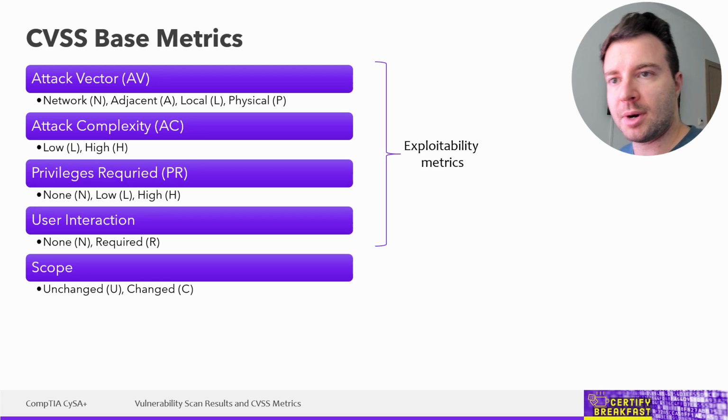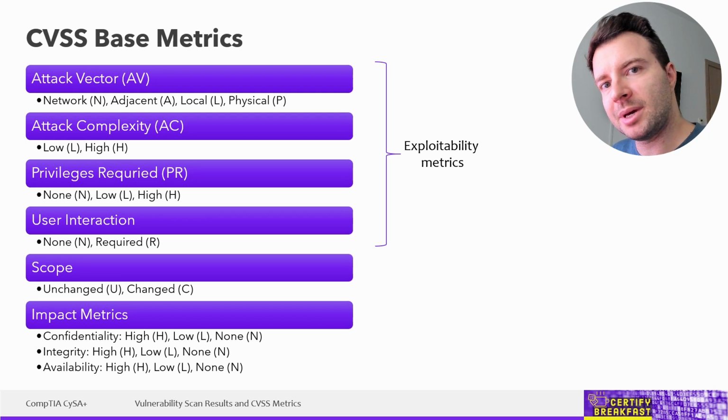So if I compromise the web application and then I am able to access or compromise the database as well, this means that the security scope is unchanged. It's still the same one. But on the other hand, if I compromise the web application and that compromise allows me to pivot and then compromise, let's say, the employee workstations in the same company, well, that is going to be a change of scope.